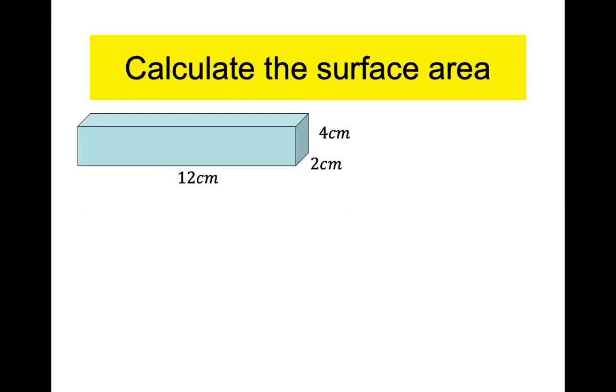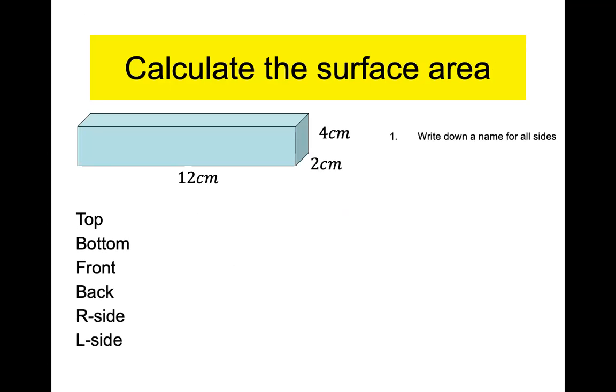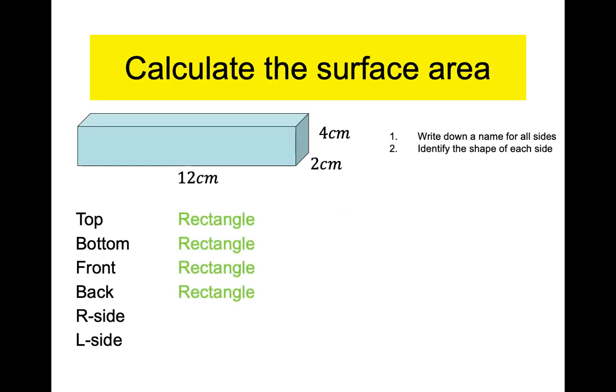Quick review, rectangular prism, following those four steps, we name the sides: top, bottom, front, back, left, right. We identify the shapes. Well, it's a rectangular prism, all the sides are rectangles. Not true for triangular. We get some triangles for the triangular prism, as we did before we collected homework. We write down the formula for each one.